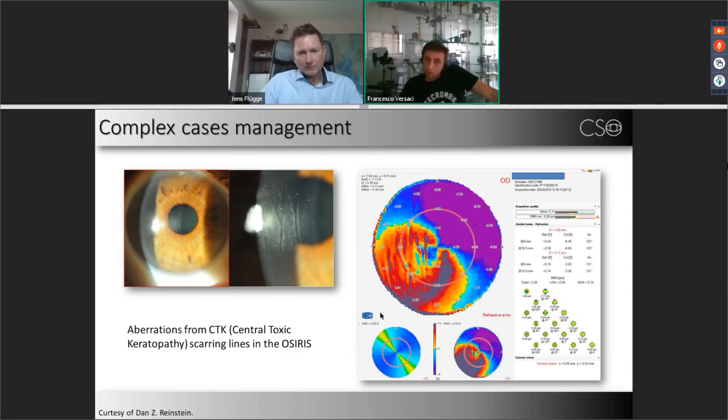And so here on the left we have those scarring lines acquired by means of a slit lamp, and exactly the same lines, so exactly the same information on the refractive error map. So this means that the device is able to capture and to see very small detail, very thin details that are hardly visible at the slit lamp. And here you can see them very easily.